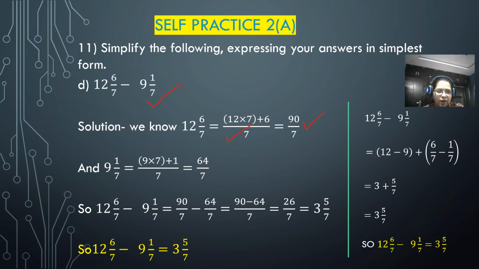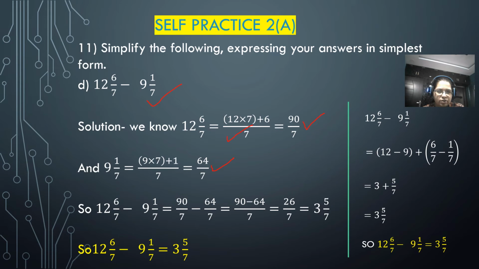Now convert 9 1/7 into an improper fraction. 9 1/7 equals: multiply the denominator 7 with 9, plus the numerator 1. 7 multiplied by 9 is 63. 63 plus 1 is 64. 64/7, and 64/7 is the improper fraction.